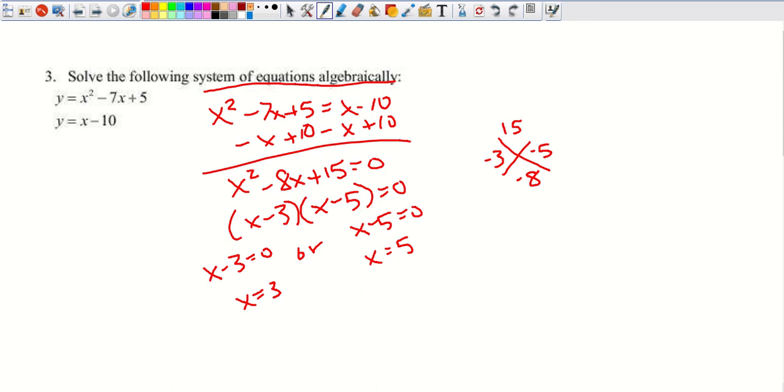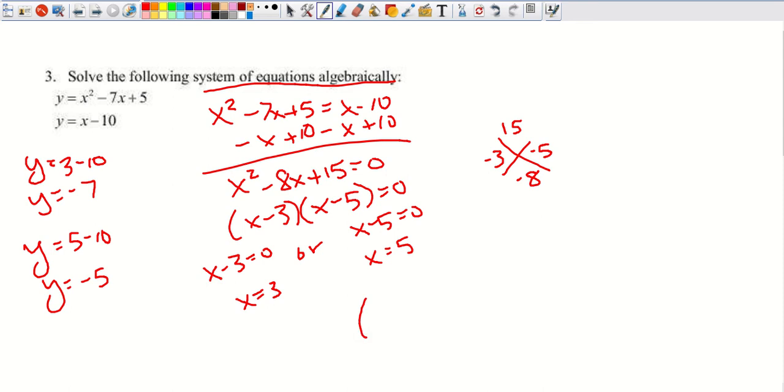The answer to a system is not the solution of the 2 roots. It's the points. So we have to go back to our equation and plug in 3, so y is equal to -7, and 5, and y is equal to -5, and our solution is actually the points.